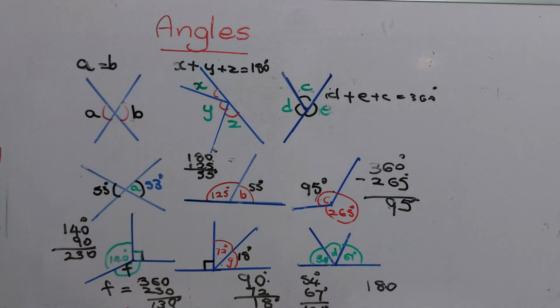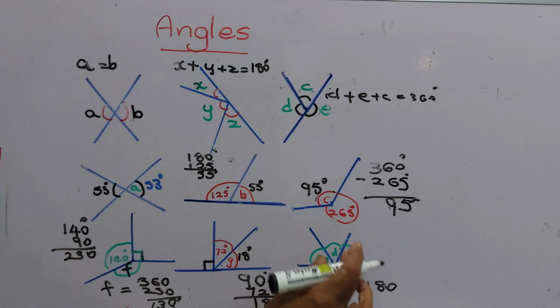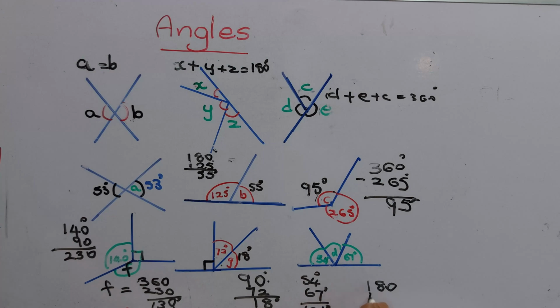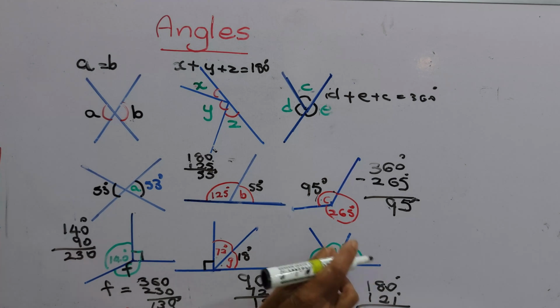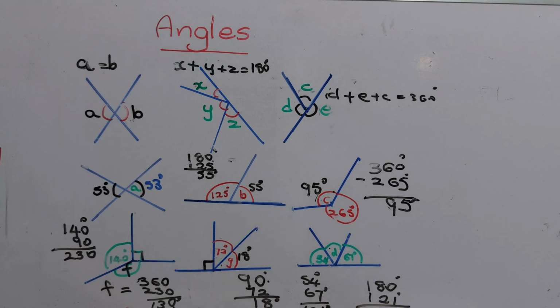That is 121 degrees. We have to deduct 121 degrees from 180. Then the value of letter D we calculated as 59 degrees.